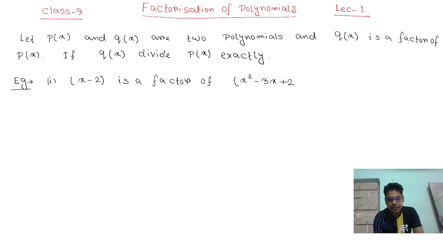That means this x squared minus 3x plus 2 is divisible by x minus 2. If it is possible, then we can say this is a factor. Now we will read about the factorization.